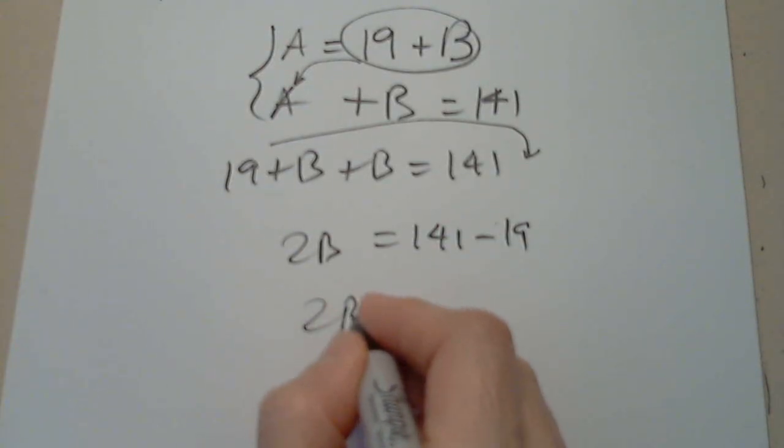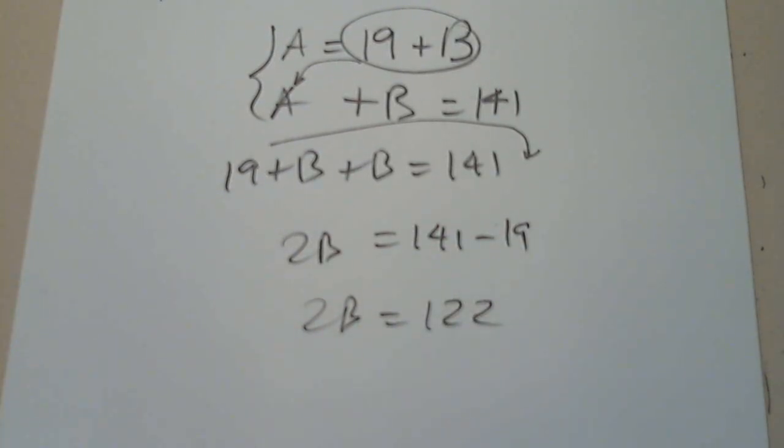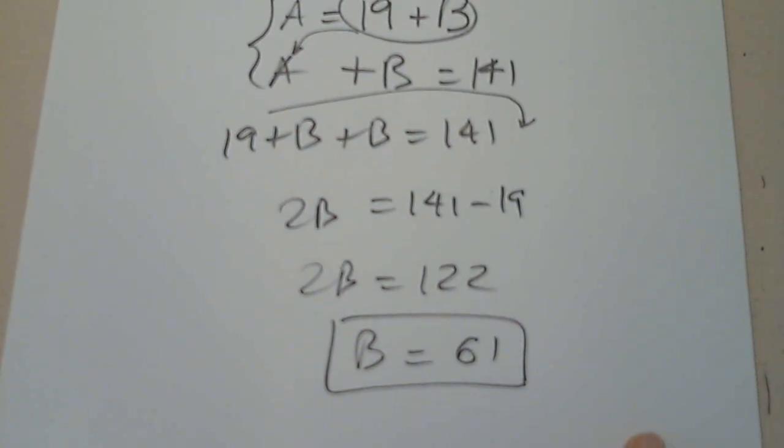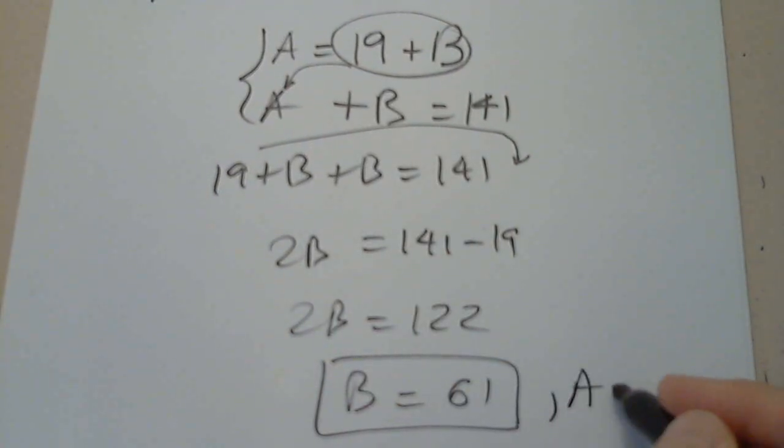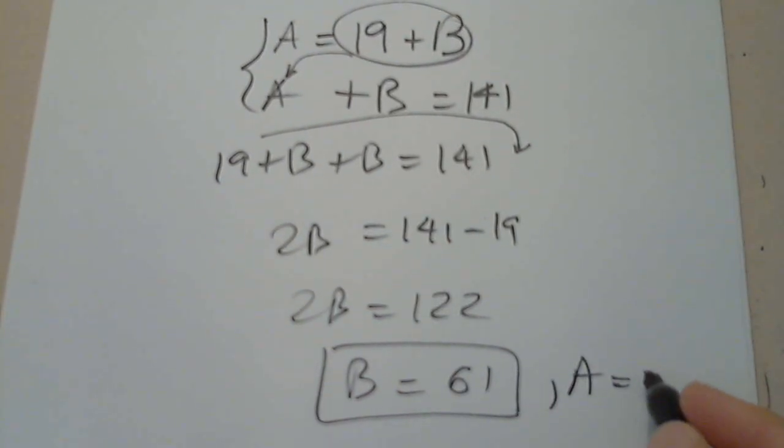So 2B equals 122. Divide both sides by 2, and I get 61. If B scored 61, then A scored 19 more.